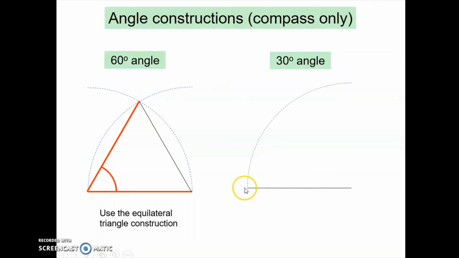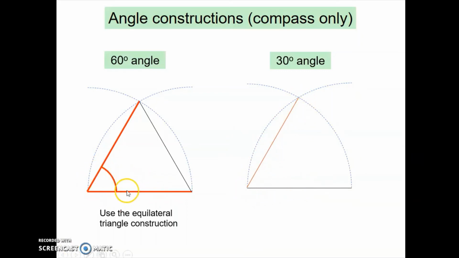So whatever the length of this base is, I'm going to open my compass that width, and I'm going to draw in an arc. Then I'm going to move it onto this side and draw in another arc. Then if I go ahead and draw in my equilateral triangle, or the start of my equilateral triangle, you can see that I have a 60-degree angle.